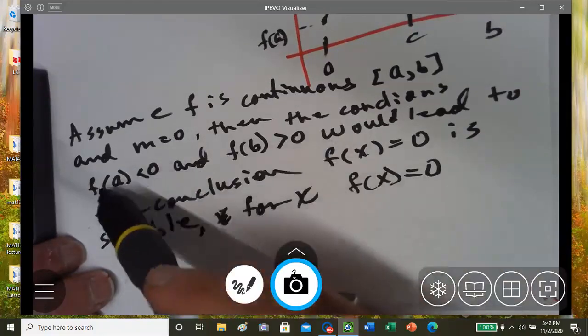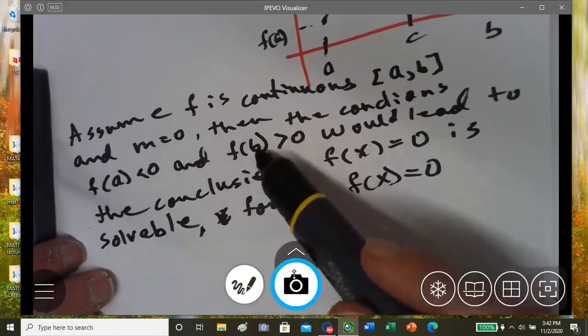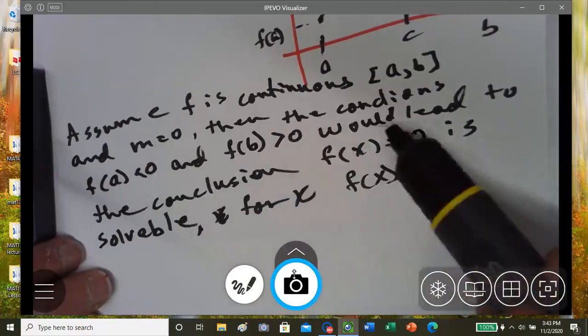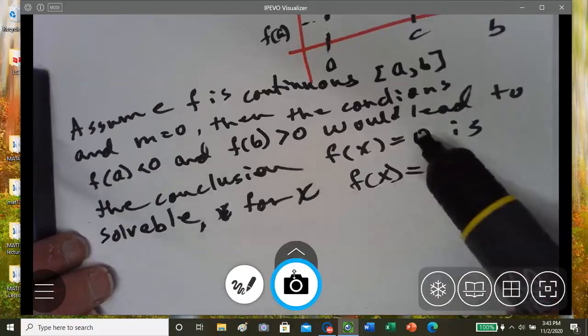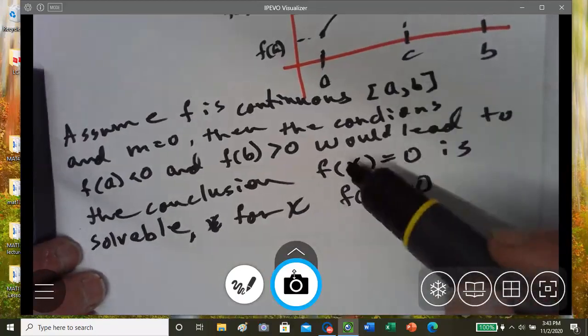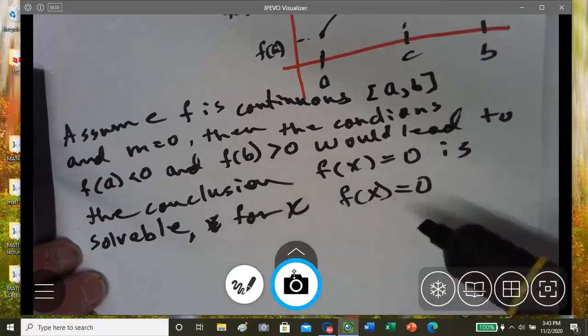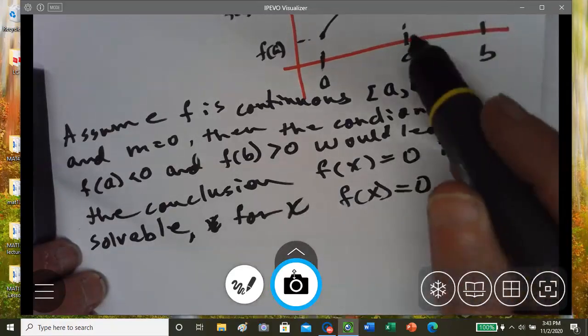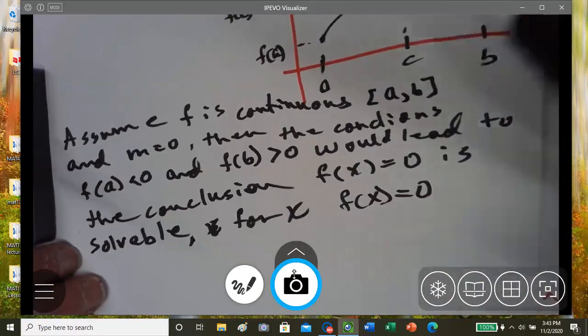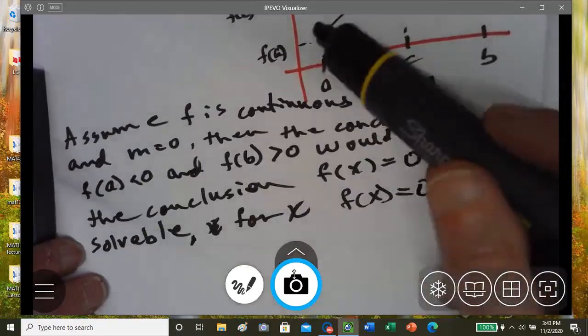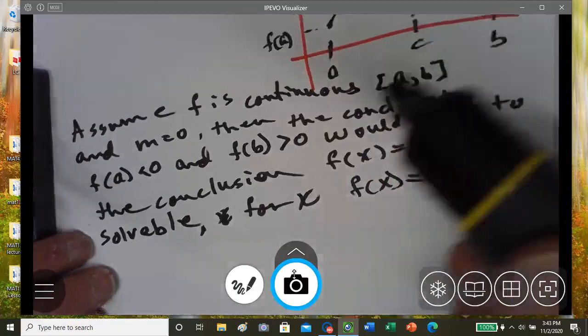In other words, when f of a is less than m and f of b is greater than m, that would lead to the conclusion that f of x equal to whatever m is, in this case 0, is solvable at c.